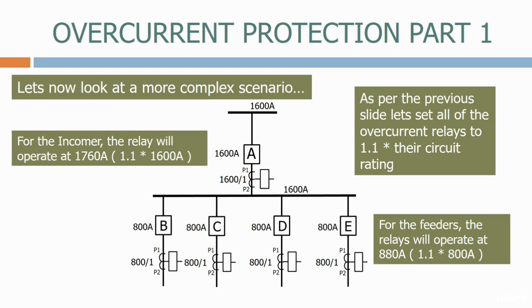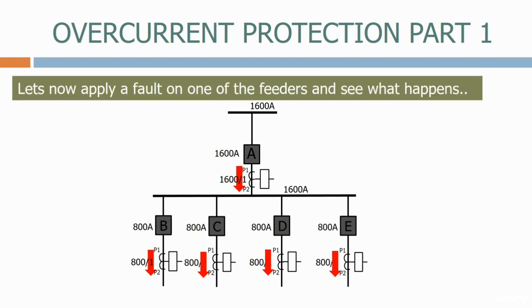Let's now close the circuit breaker. Let's now apply a fault on one of the feeders and see what happens. As you would expect, the current increases on the main incomer as the source starts feeding the fault. As most systems are fully interconnected, you will also get some current feeding back through the feeders.